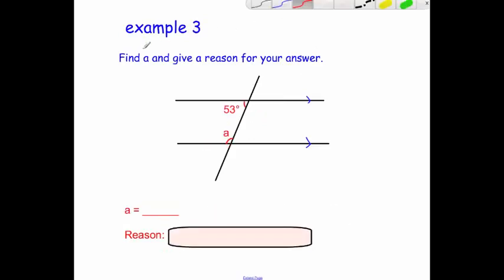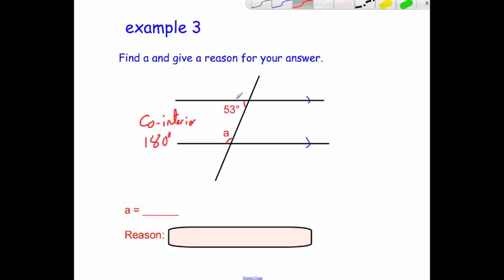Next, this time it says find a and give a reason for your answer. Here we've got 53 degrees and we've got a. As you'll notice, they're both inside of the parallel lines on the same side of the transversal, and one's acute and one's obtuse. That means they are co-interior angles, and that means they add up to 180 degrees.